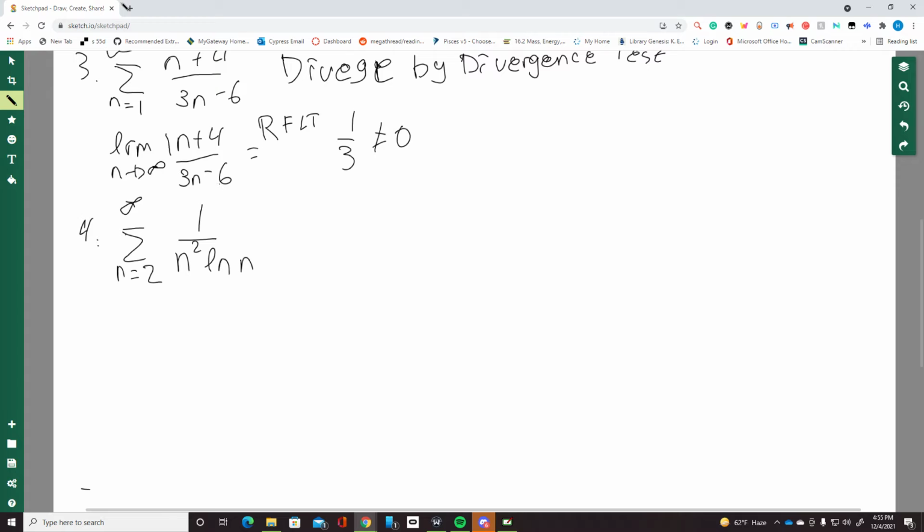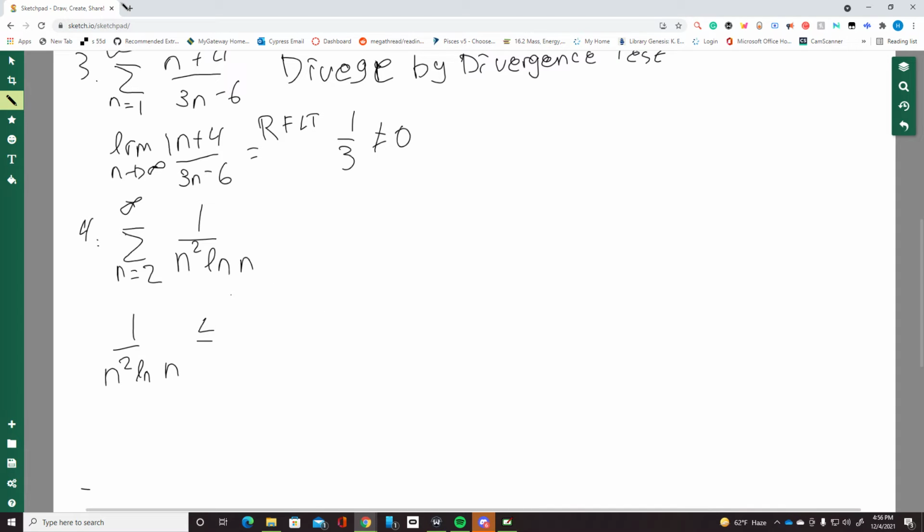How about if we use, say, direct comparison? With the direct comparison, we can say that 1 over n squared ln n is smaller than, well, we are first assuming that the series converges.